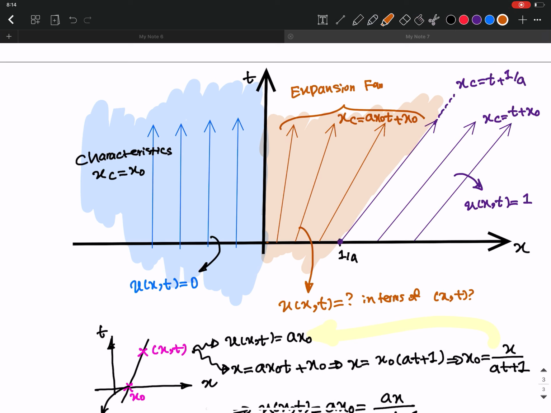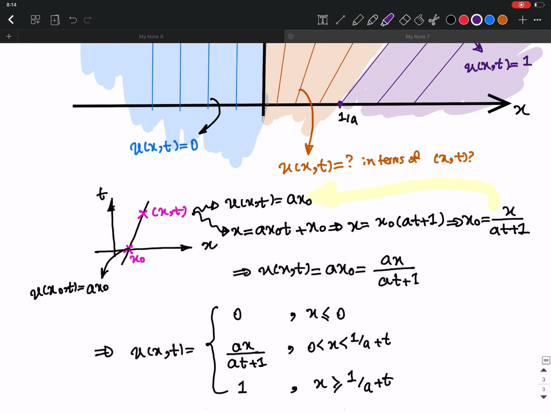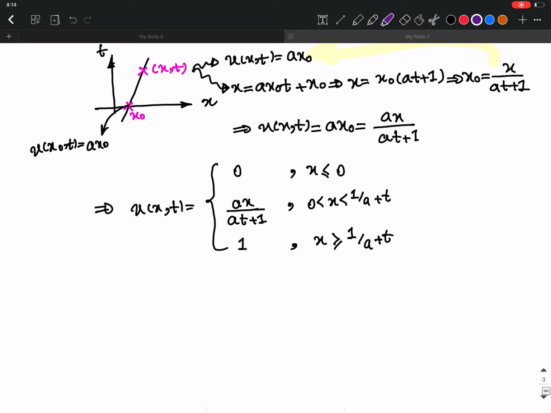And then the third one is this region, again defined by this characteristic line, where u is going to be 1 here. Okay, so we have these 3 regions. This is going to be the final solution for this problem, the Burgers' equation with the given initial data that we had.